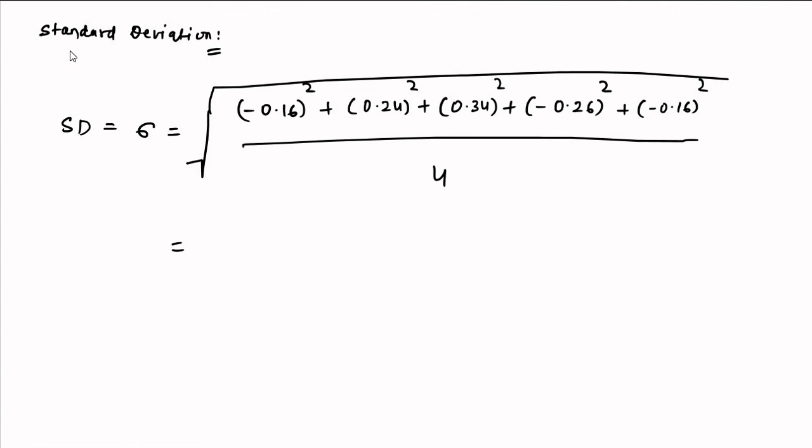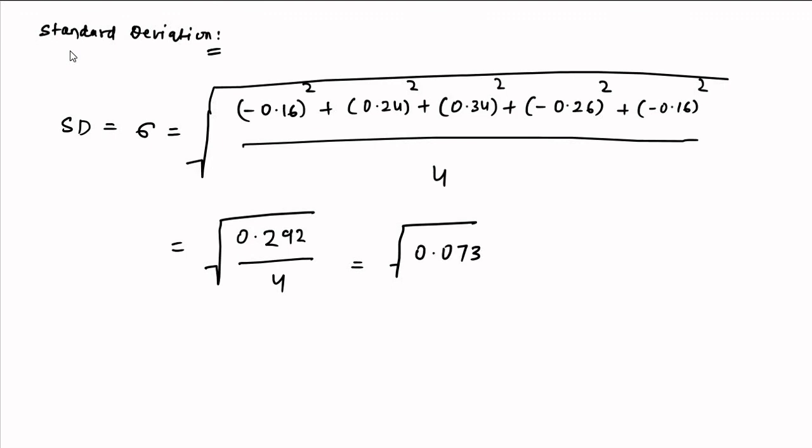So it is around 0.292 divided by 4, which is about 0.073, and again the square root of that is 0.27. Okay, this is the result.